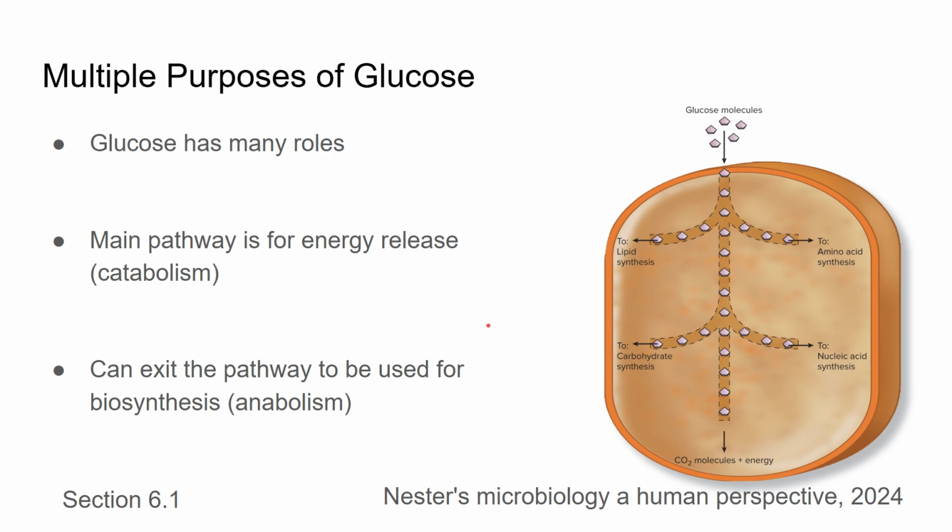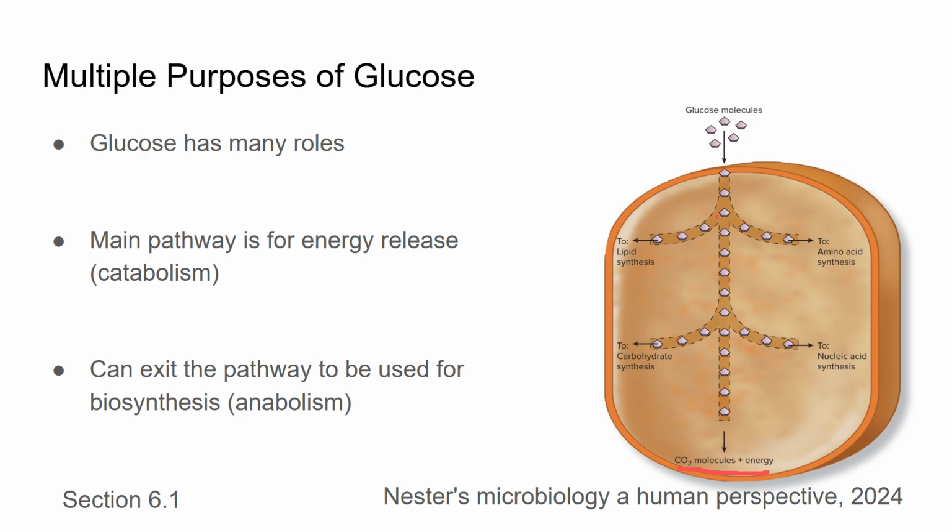Glucose is going to have a lot of purposes, but the main pathway we're going to be looking at is the pathway used for the release of energy, and that's called catabolism. But it can exit the pathway and be used for biosynthesis in anabolism, and that's the idea of precursor metabolites. Our glucose molecules are going to go down the main pathway, which will eventually create carbon dioxide and energy.